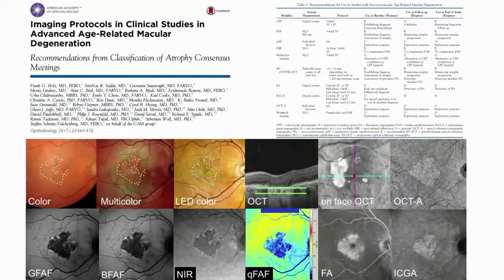The first thing that we did was to analyze which are the best imaging modalities for identifying and classifying geographic atrophy. Of course, we analyzed color images and also the newer color images like multicolor or LED confocal images, structural OCT, OCT-A, green, blue, near-infrared, quantified autofluorescence, fluorescein and ICG.